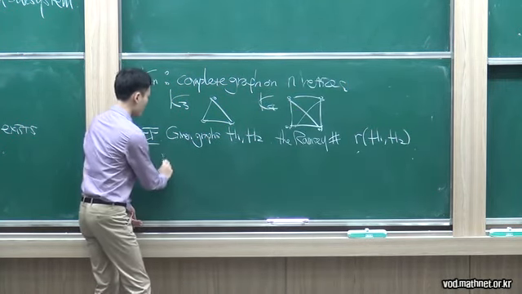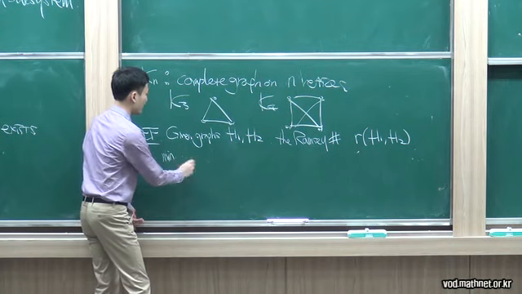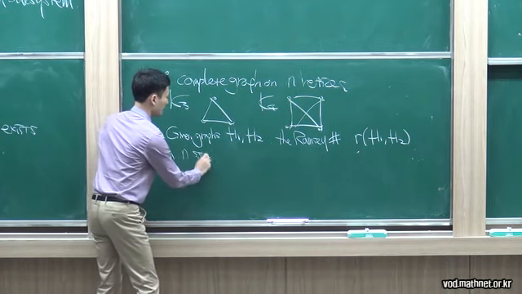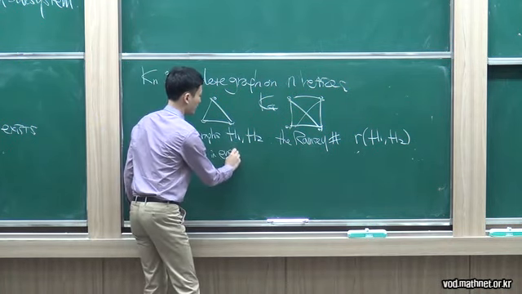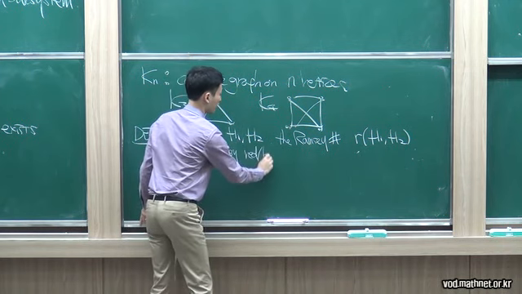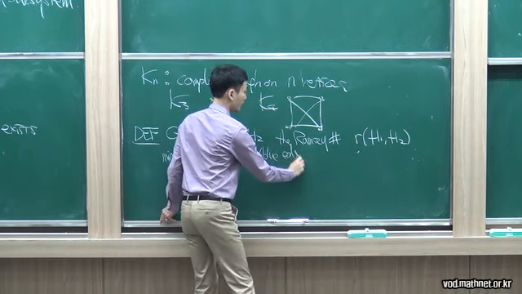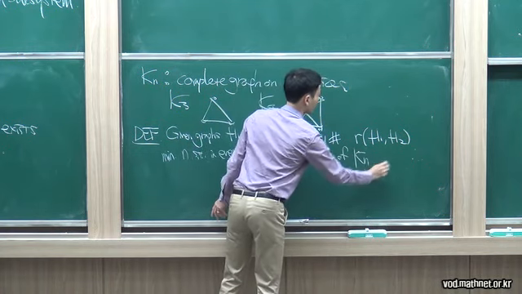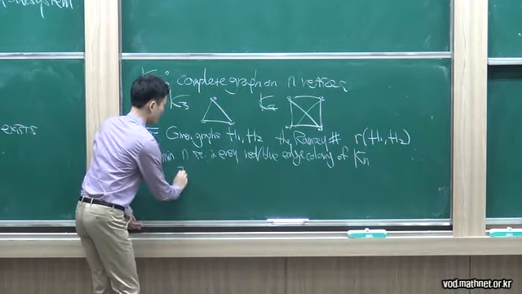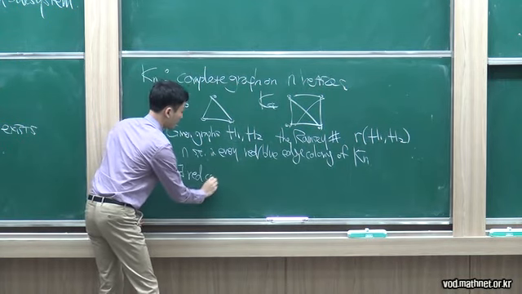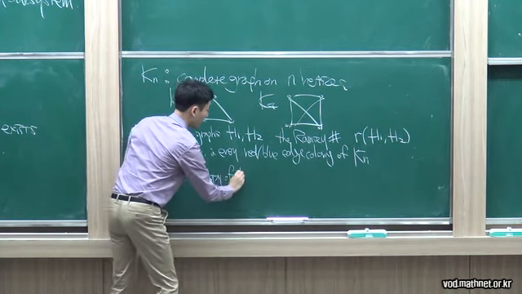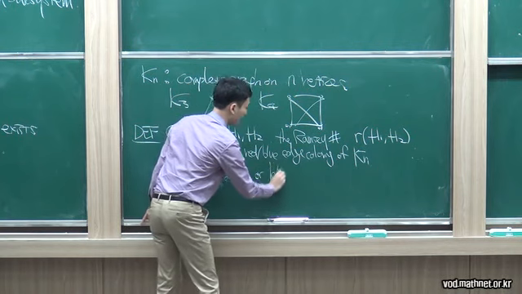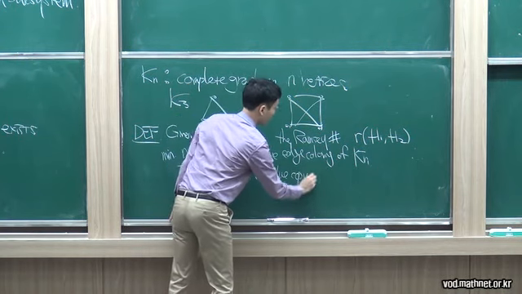This is the minimum natural number n, such that in every red-blue edge coloring of Kn, there exists either a red copy of H1 or a blue copy of H2.